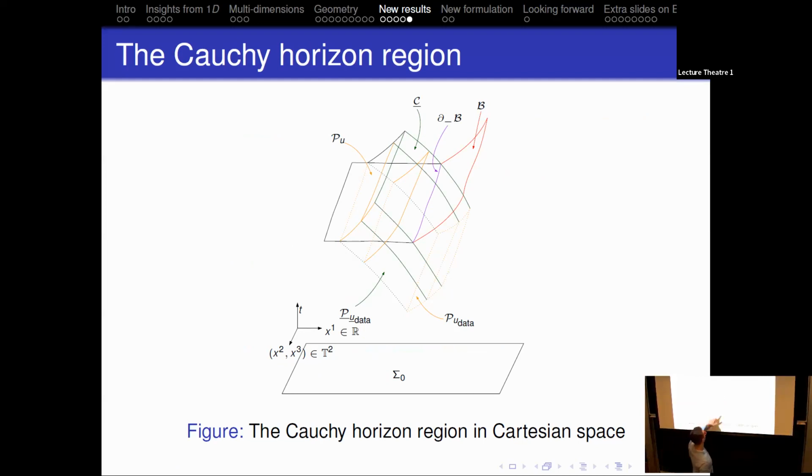This is now a picture in Cartesian space, as opposed to the previous picture, which was in geometric coordinate space. In the previous paper, we followed the solution up to here, and we constructed initial data for U bar, and then we solved down here for U bar.